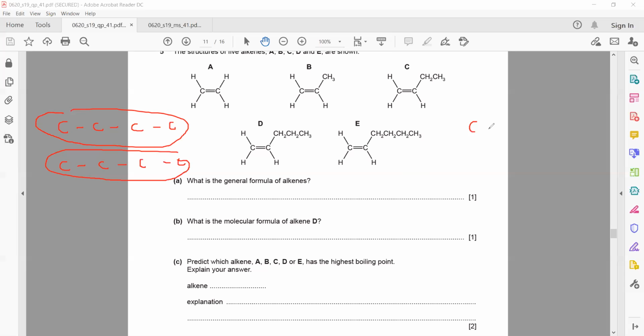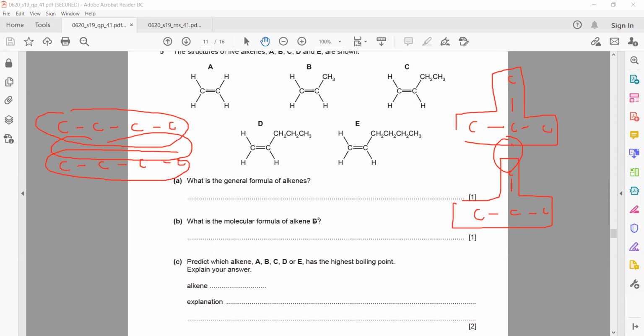But if I have the same 4 carbon atoms in a branch, the region where these particles can interact reduces. The surface area of interaction reduces. So only this part can interact, but in the previous one, the whole can interact with each other. Or the other way around, only 3 can interact with 3, but not 4. That's why as the number of the branches increases, the boiling point will decrease due to surface area.